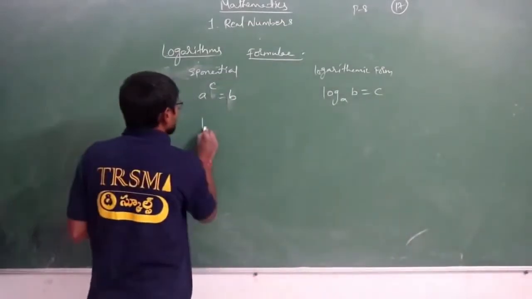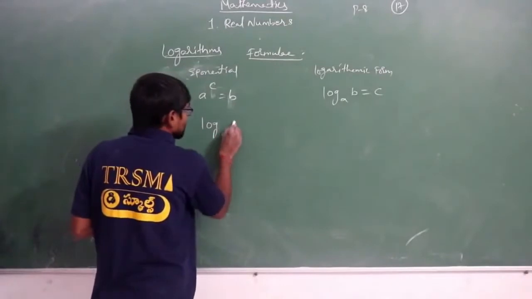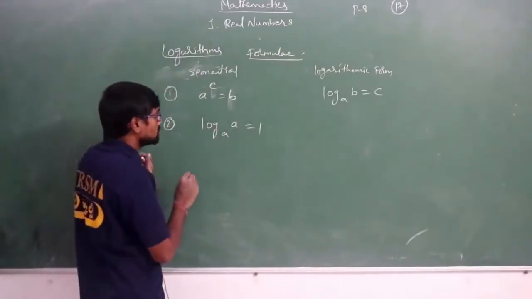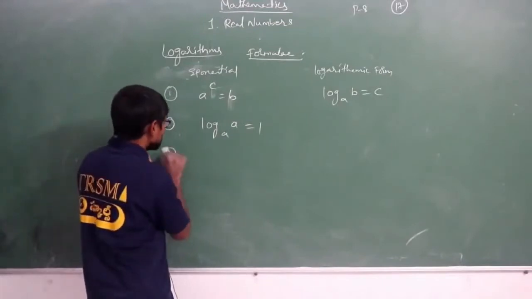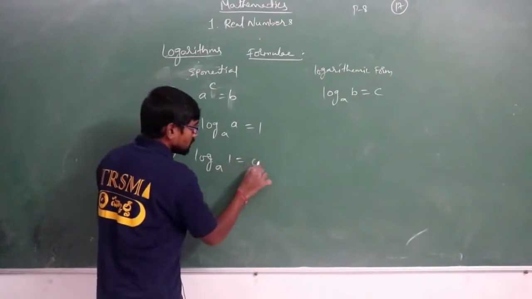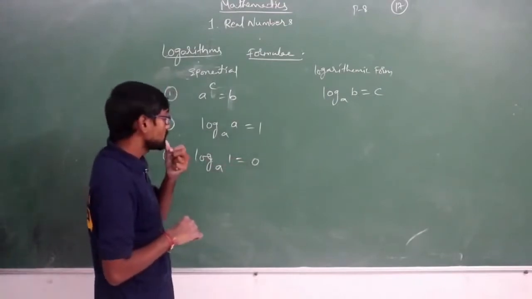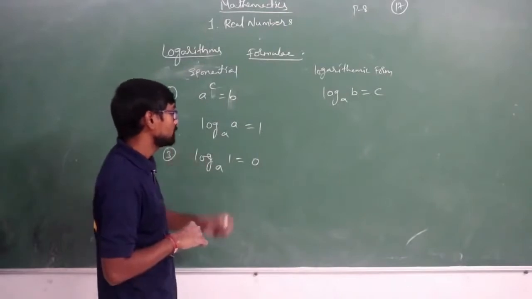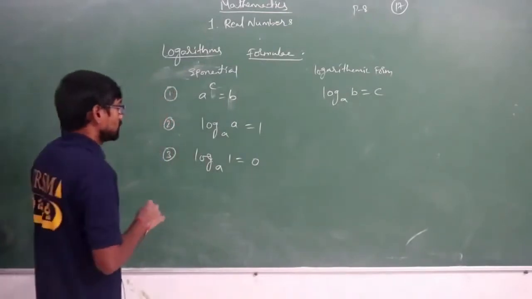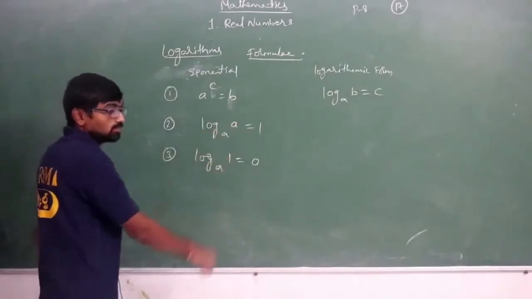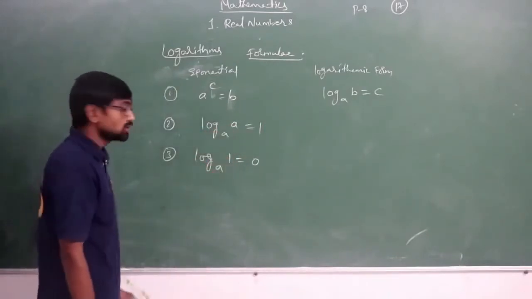Log base a of a is equal to 1. Similarly, third one, log base a of 1 is equal to 0. If both values are the same, you will get the answer 1. If here you have 1, then you will get 0.